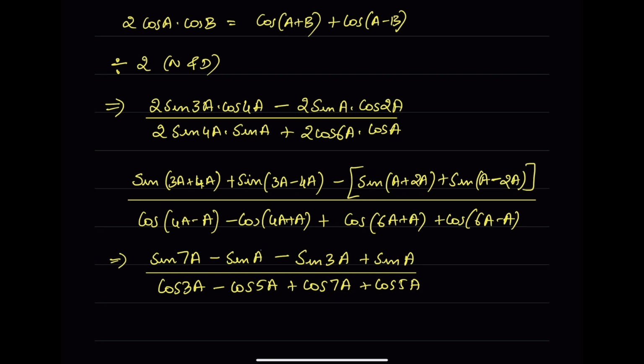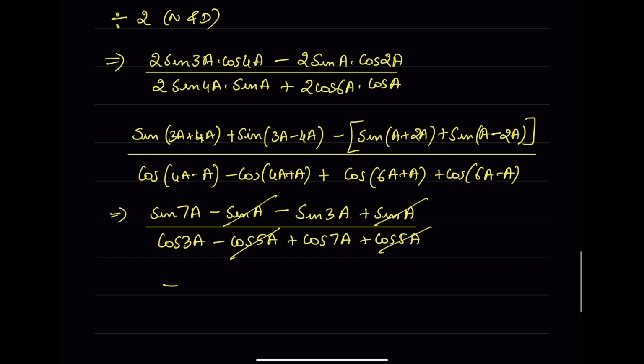So in the numerator we can cancel minus sin a and plus sin a. In the denominator, we can cancel out minus cos 5a and cos 5a. So this will change to sin 7a minus sin 3a divided by cos 3a plus cos 7a.